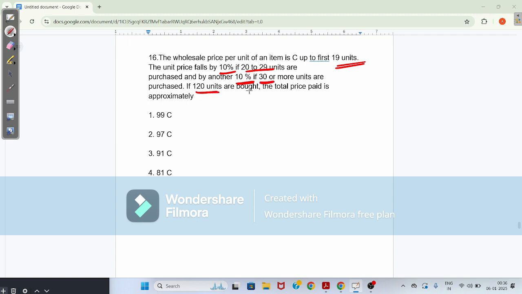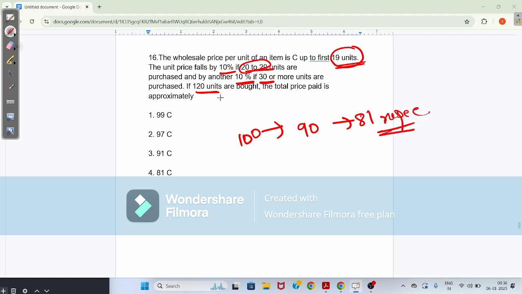If 120 units are bought, the total price paid is approximately what? Here 120 units are bought, and the 19 units price and the 20 to 29 units price do not apply. So for 100, the purchase price at 90 units equals 81 rupees.